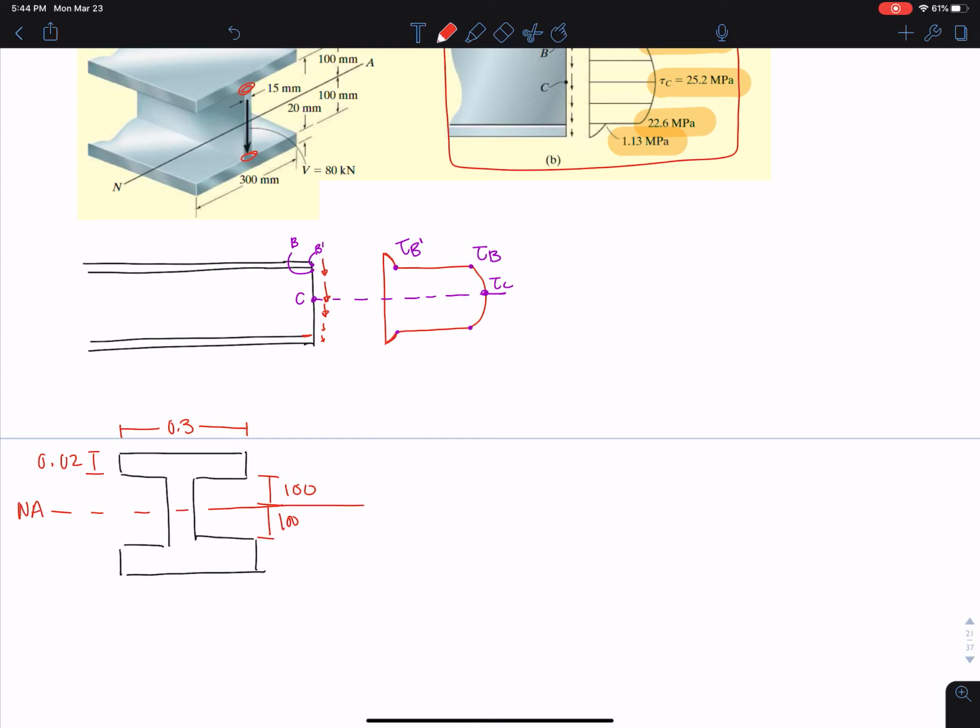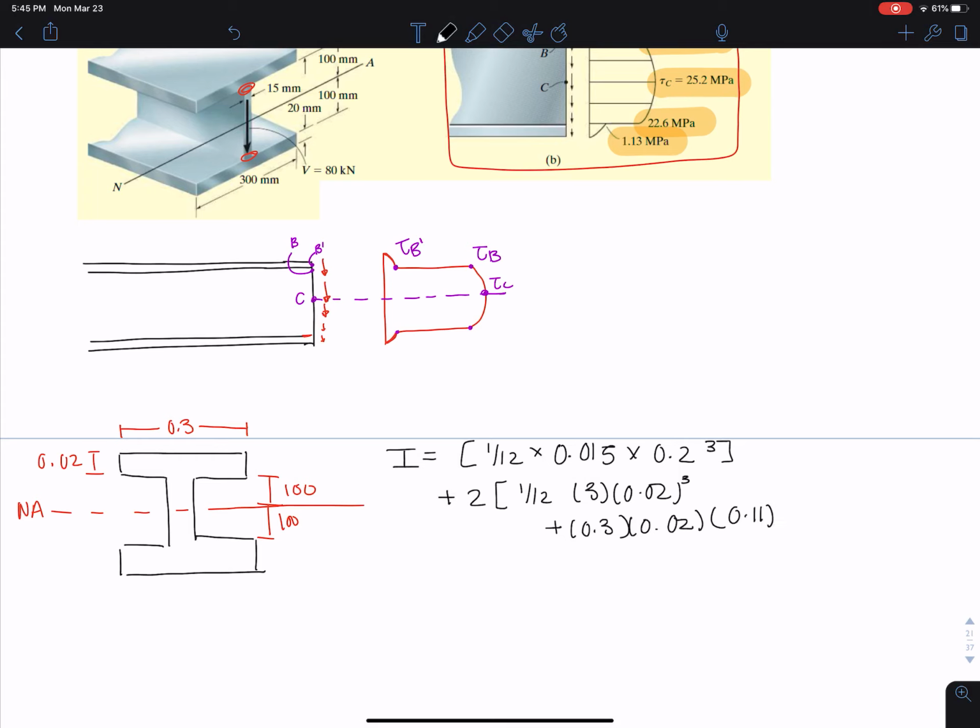Alrighty. Okay, so I'll calculate the moment of inertia using parallel axis theorem here. So what we'd have is 1 over 12 BH cubed. So for the entire thing, we'd have BH cubed, so 0.015 times 0.2 cubed. This is actually going to be just that middle portion there. And then we want to move that to the neutral axis, so we'd have 1 over 12 times 0.3 times 0.02 cubed, plus 0.3 times 0.02 times 0.11 squared.